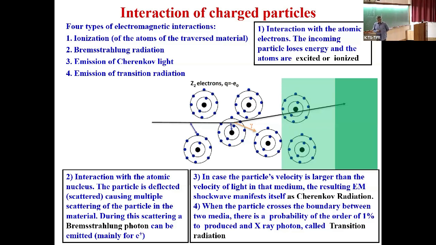When the particle moves between two media of different dielectric constant, the particle's electric field changes as it transits from one medium to the other, and electrodynamically this can produce X-ray photons in the keV energy range, and it's called transition radiation. The Cherenkov radiation is mainly in the UV range.